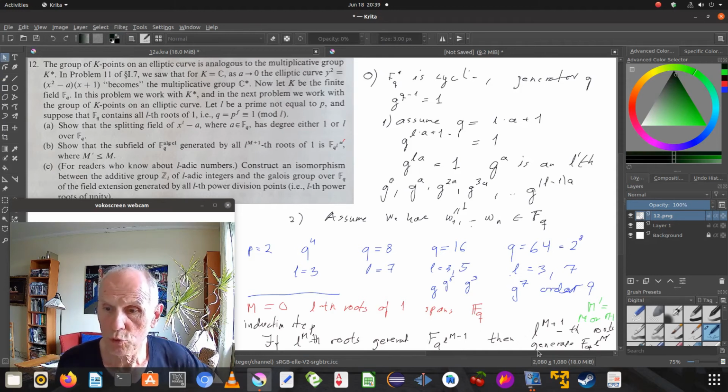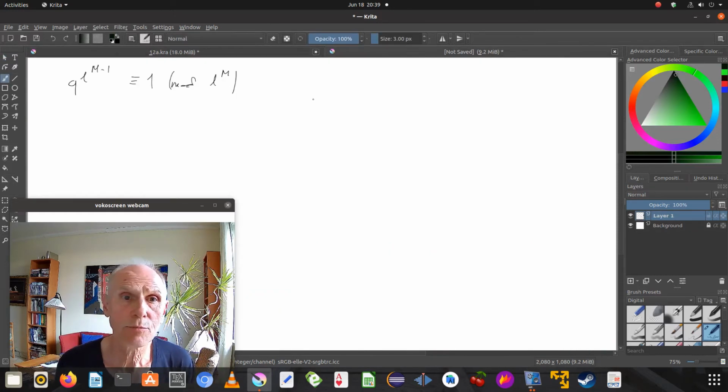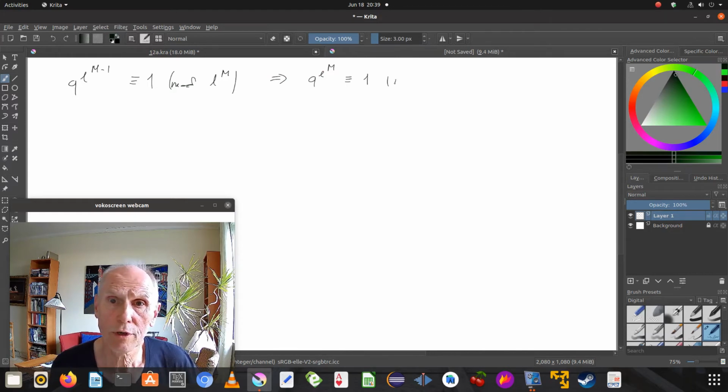And we have to prove that the roots lie in this field. So what I would like to prove is that this implies q to L to the m is equivalent to unity modulo L to the m plus 1.